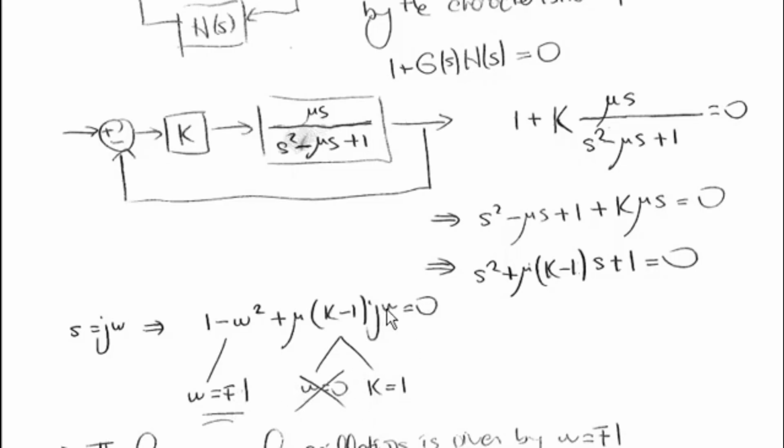And I have here either omega is equal to 0 or K minus 1 is equal to 0. Omega equals 0 cannot happen because of the real part result here, so I forget about it, and therefore K has to be equal to 1. So for this closed loop linear system to have sustained oscillations, I need to have K equals 1, and I need to have omega equals plus or minus 1.